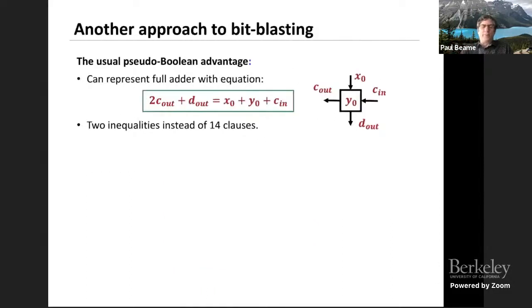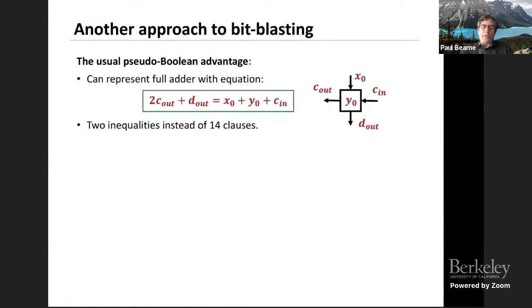So one of the things that we can also see is there's another approach to bit blasting. If you actually want to use these in bit vector solving, we think there's an even better way to use cutting plane solvers.